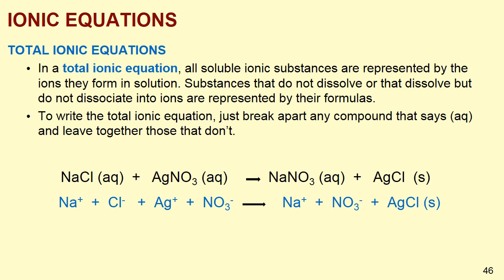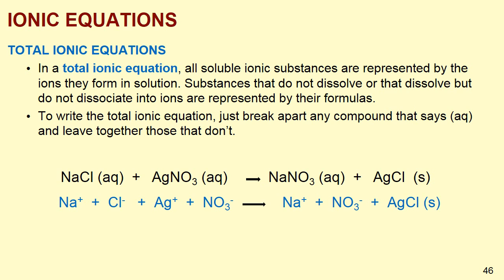On the product side, the same thing: the NaNO3 is aqueous, so we break that apart into Na plus and NO3 minus. But because the AgCl does not dissolve, it's a solid, it forms a precipitate, we keep it stuck together because it's not dissolved. So this in blue is called the total ionic equation because it shows all of the dissolved compounds in their ionic form.